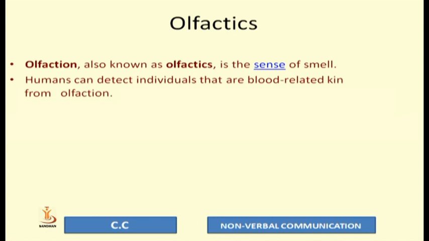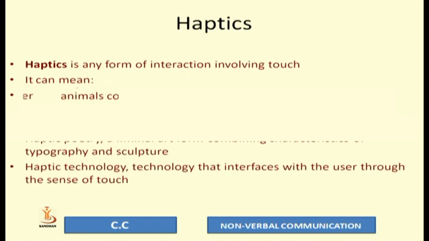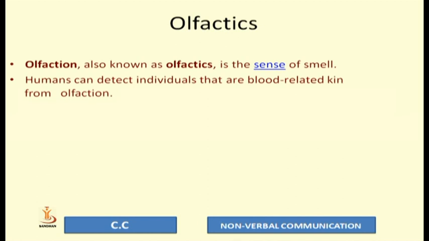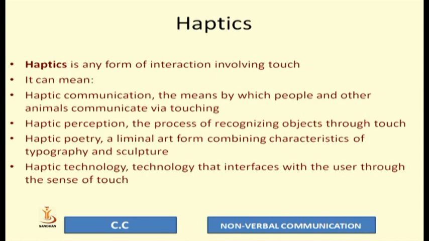Mothers can identify by body odor their biological children but not their stepchildren. In short, olfactics talks about the blood relations and the smell that we get. We can recognize people with the help of smell also. It communicates a lot. Next, we'll talk about haptics.